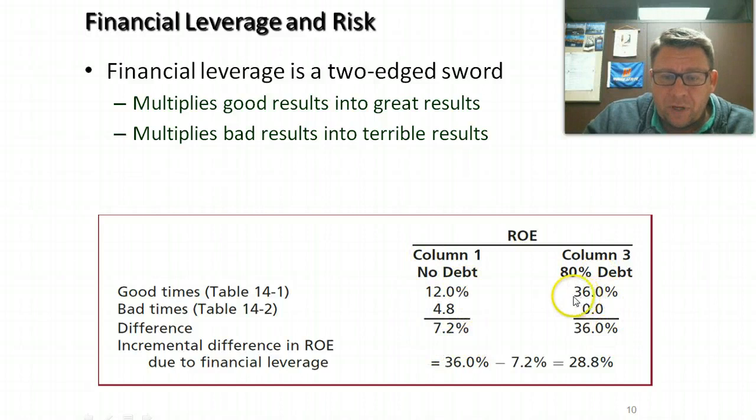When we had no debt, our ROE range was 4.8 to 12%. But when we have a lot of debt, it was 0 to 36%. So that is a big change that can happen from being levered versus not levered.